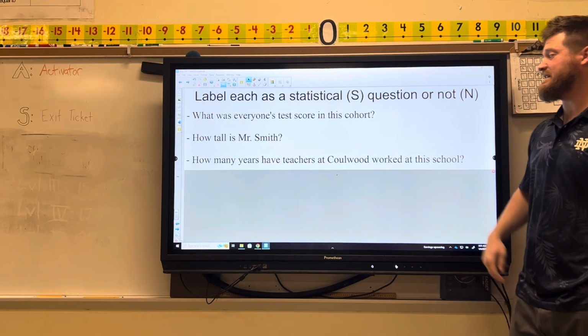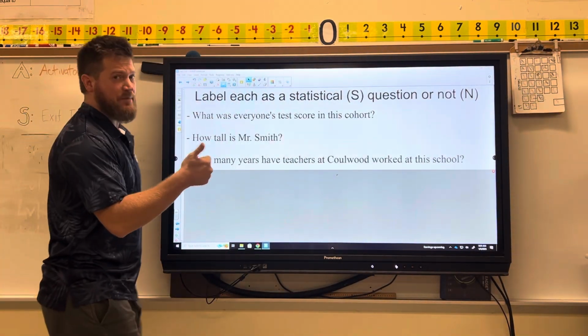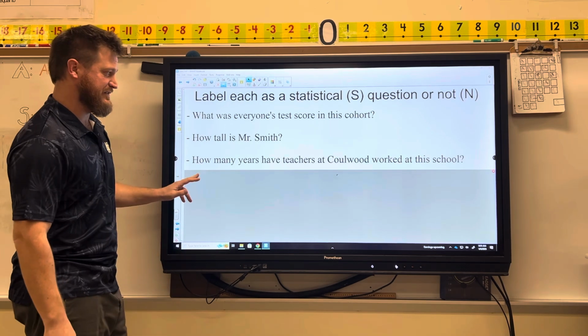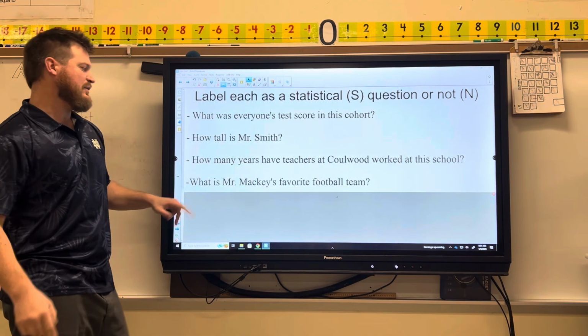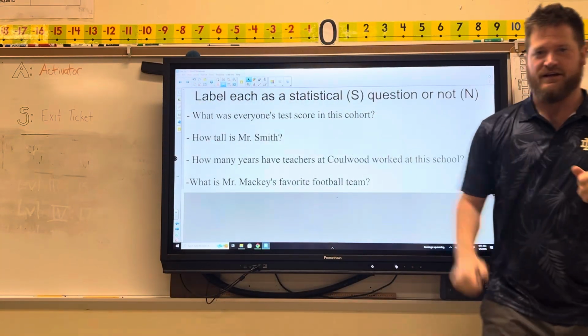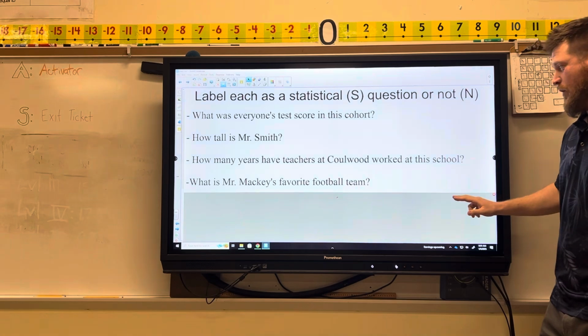How many years have teachers at Coolwood worked at this school? That would be statistical because not every teacher has worked the same amount. That would give us a bunch of different answers, a variety of answers. What is Mr. Mackey's favorite football team? Hopefully said not statistical. You are right because that is just one answer.